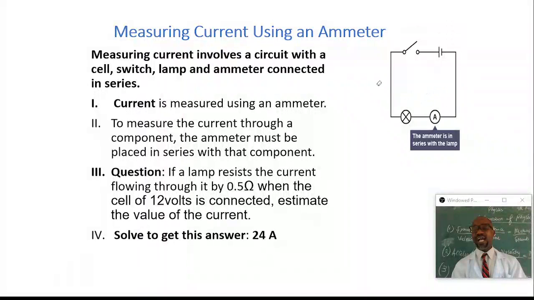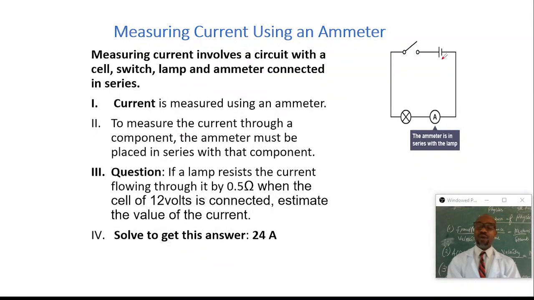We now have a plain diagram. This is the ammeter. This is the lamp. This one is the switch, and finally this is the source of energy, maybe a cell or a battery.